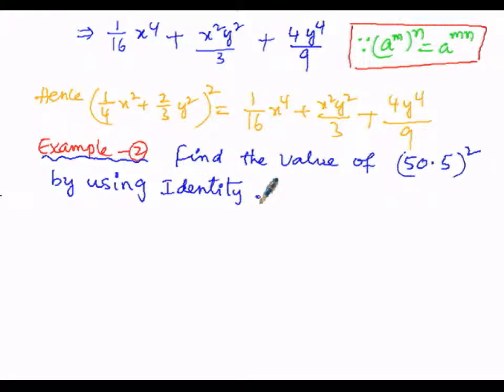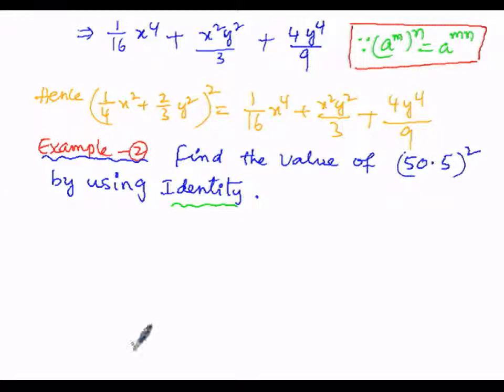Without multiplying 50.5 into 50.5, or in other words 50.5 repeatedly multiplied twice, we must get the value of 50.5 whole square by utilizing this identity, that is identity number 2, which is nothing but (a + b) whole square is a square plus 2ab plus b square.